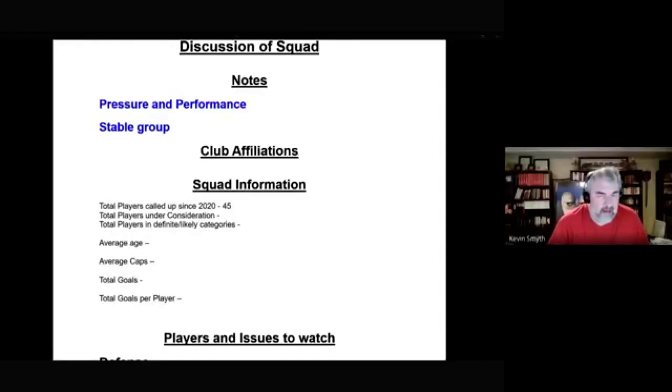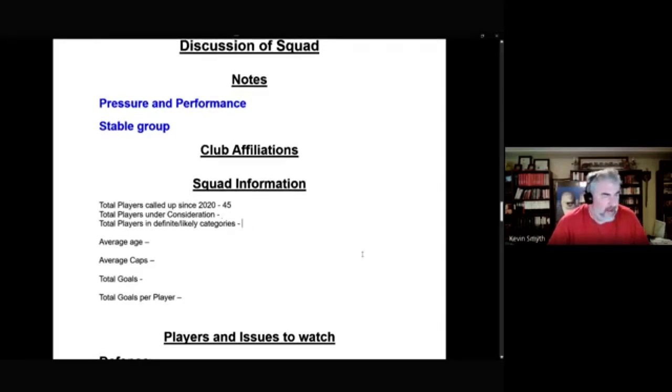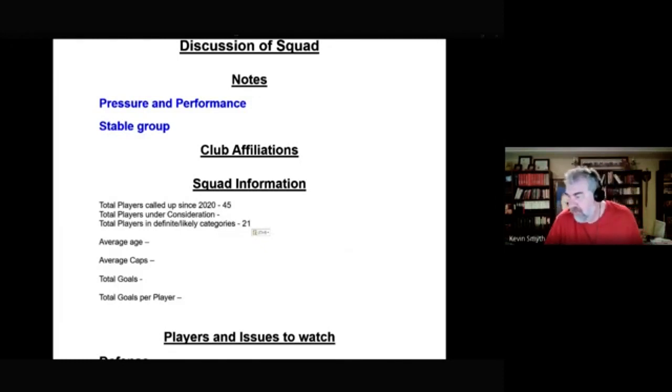Well, I'm going to move next to talk about the total players that are definite and likely. And for England, that's 21 players. So let me see how that compares to other teams. This sometimes gives an indication of how tight the team is, because teams with a low number here tend to have players who are playing together on the field more often, so it makes the team tighter.